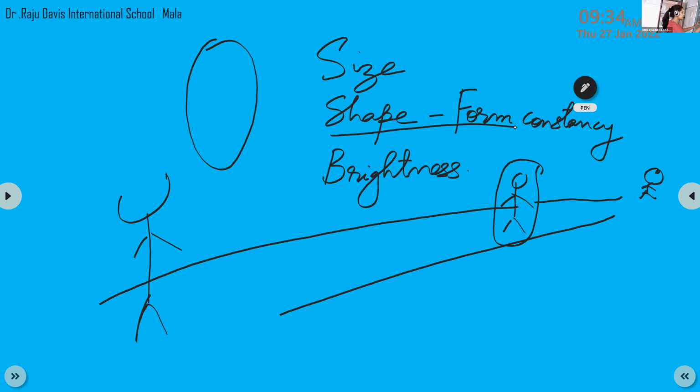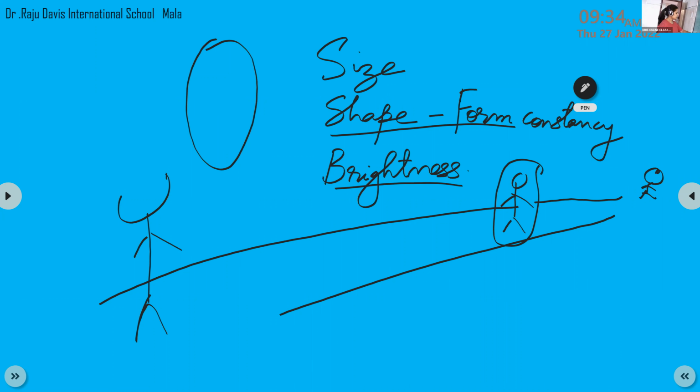The same case with brightness. Under any form of illumination, illumination means light, under any colored light, we get different types of brightness. We perceive it as a constant thing also, like we perceive the constant color or brightness for that particular object or person that we are viewing.